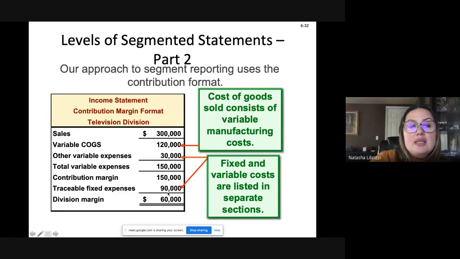Traceable fixed expenses, traceable only, not common, 90,000 gives me a division margin of 60,000. Just to reiterate, cost of goods sold consists of variable manufacturing cost, and fixed and variable costs are listed in a separate location.